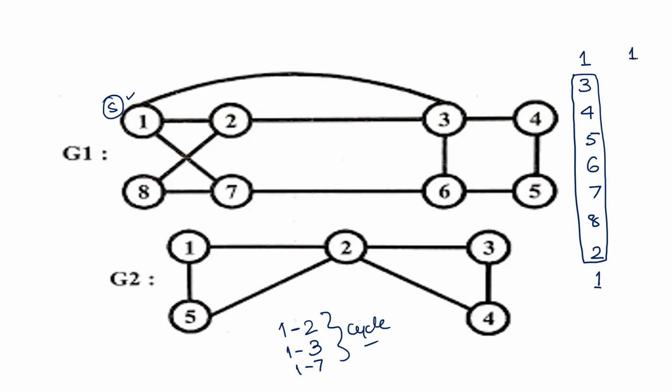Similarly, if you take 1 and travel to 2, then you can travel to 3, 4, 5, 6, and then 7, and then 8. But again, 1 is repeated. So 1 to 2 was basically augmented by 3 as the next vertex.